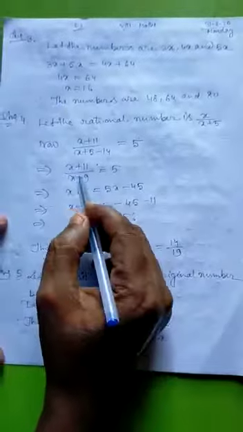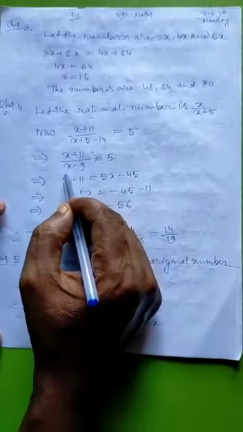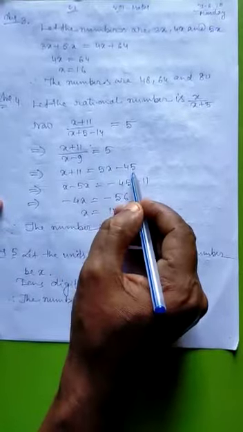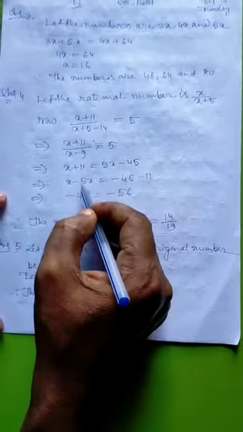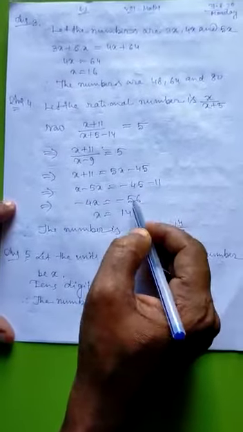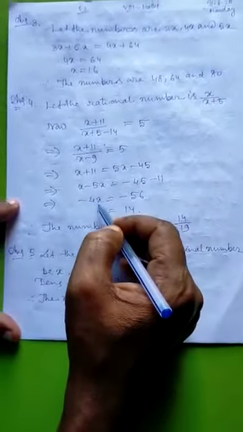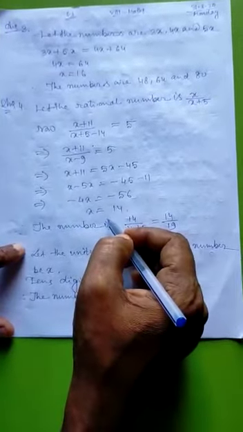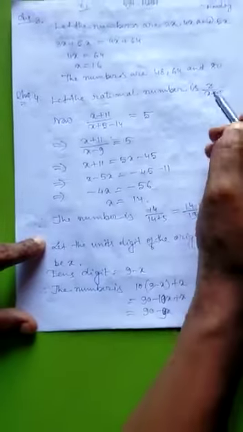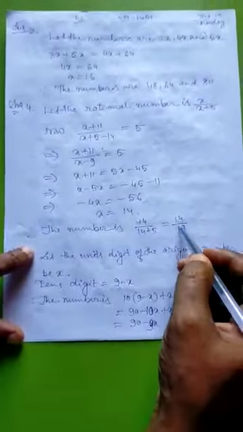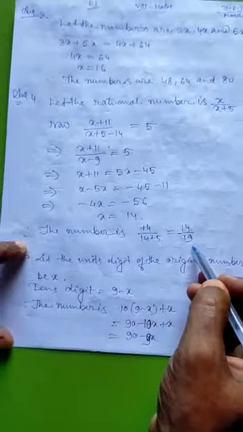Now calculating, we are getting x plus 11 and x minus 9, cross multiplication, this into this, it is coming here. Then 5x, minus 5x will come this side and this will come this side. This is minus 56, here minus 4. This minus minus cancels, x equals 14. Again we will put this value of x here, x by x plus 5, we are getting 14 by 19. Clear?